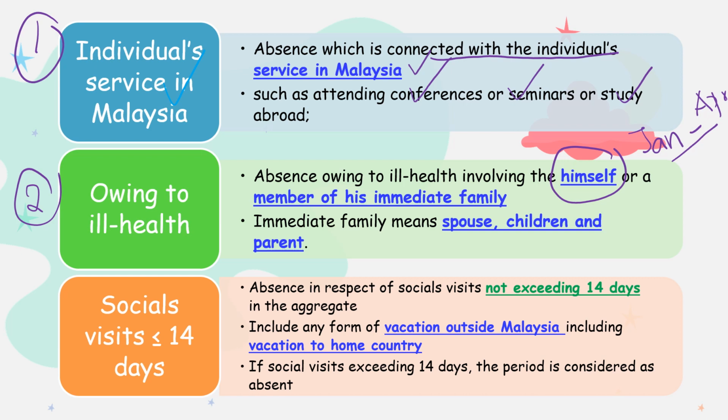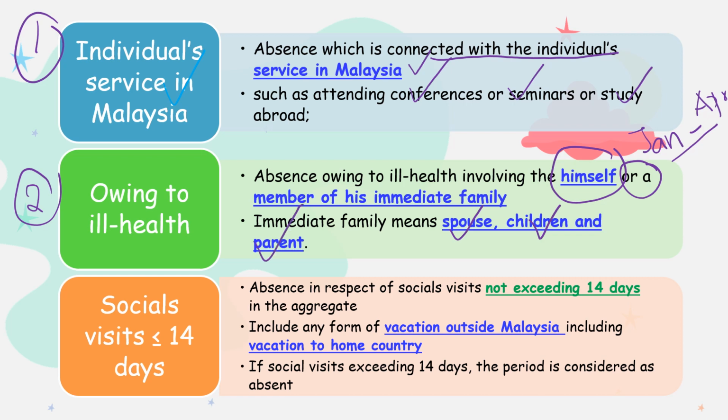Alright, next. Besides you yourself being sick, or, so we have another or: a member of his immediate family. Based on the IRB's definition, immediate family member means your spouse, meaning husband or wife. If you have more than one wife, then wife. Also children and parents.